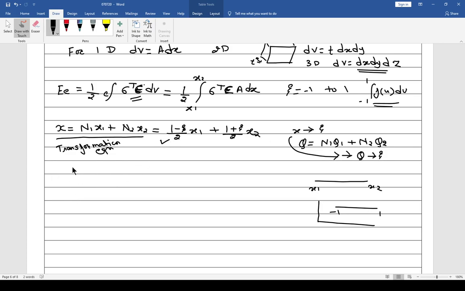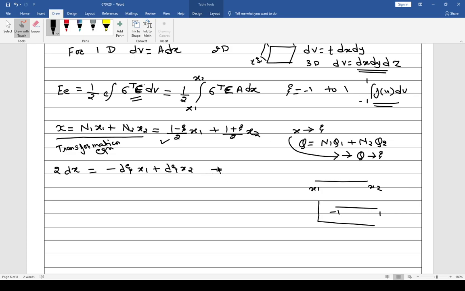From that, what am I going to get? I want dx equal to, or I could say I bring 2 to this side: 2 dx equal to minus d xi x1 plus d xi x2.